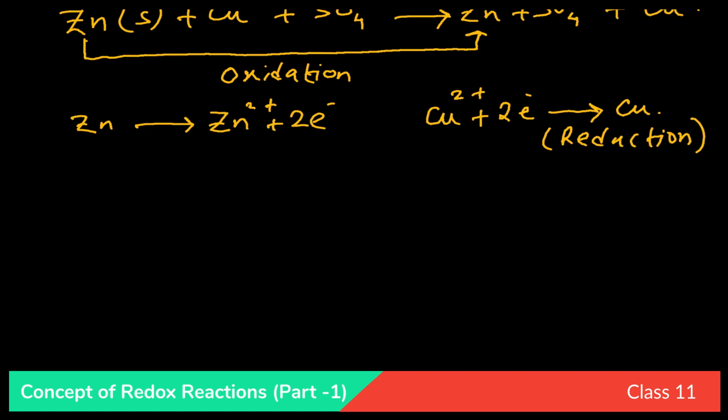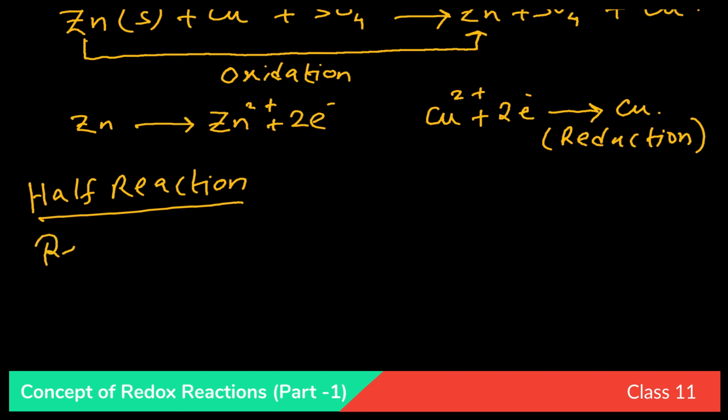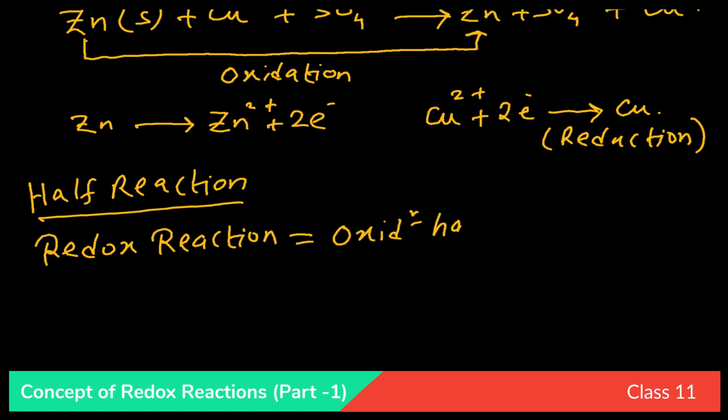Now, we will come into a new term, that is half reaction. Now, what does this half reaction mean? Basically, a redox reaction is divided into two half reactions. One is the oxidation half reaction and another one is the reduction half reaction.